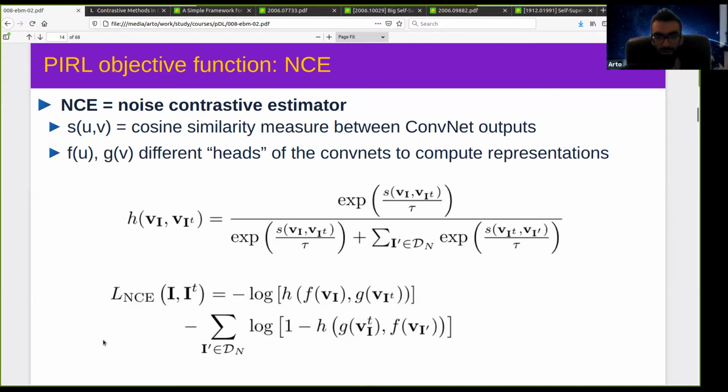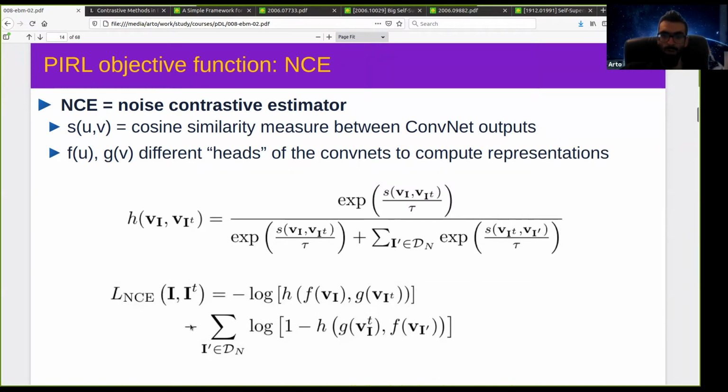And the total loss would be the negative log of this function evaluated for the original image and transformed image, and minus the sum of log of 1 minus this function evaluated for all the negative samples. So this function is like a softmax, it's bounded between 0 and 1.